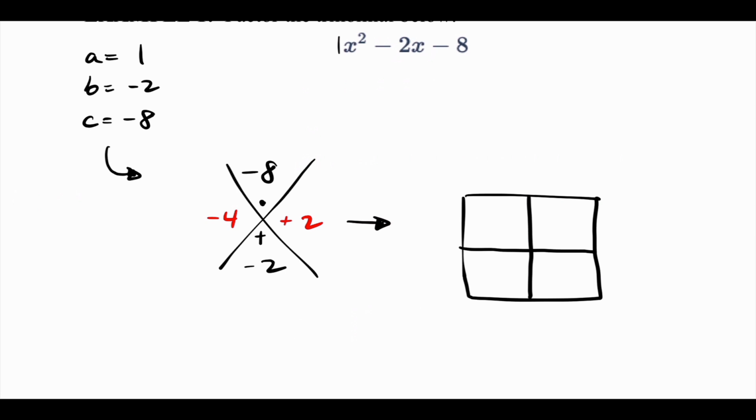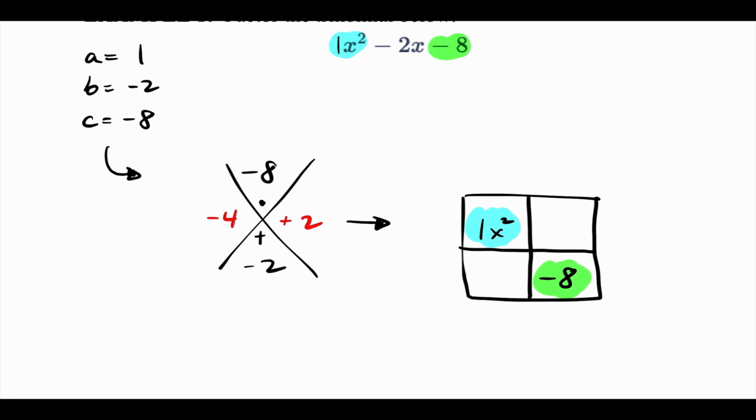Well, the first term at the very beginning, 1x squared, is always going to go in this box here. The last term, -8, always goes in the last box here.